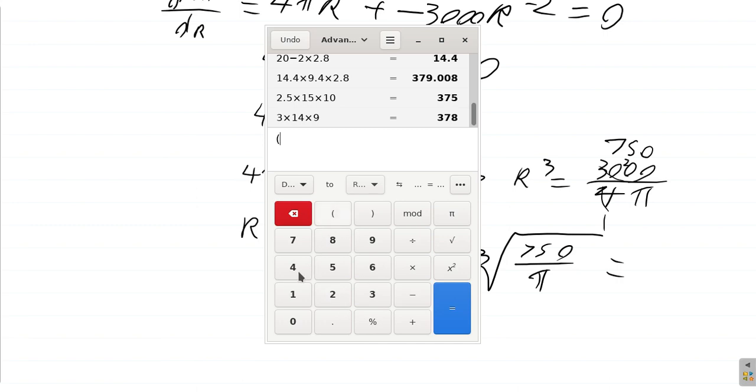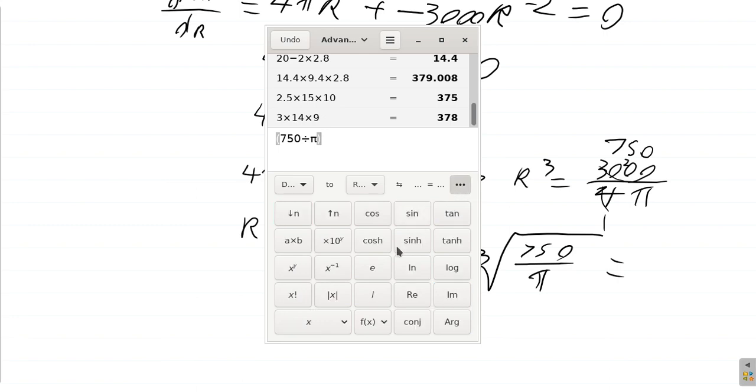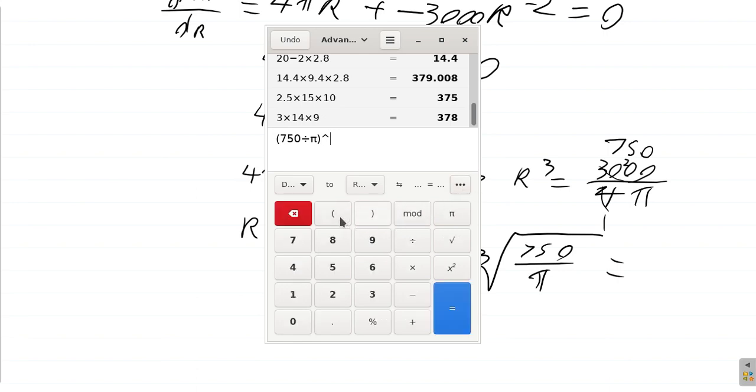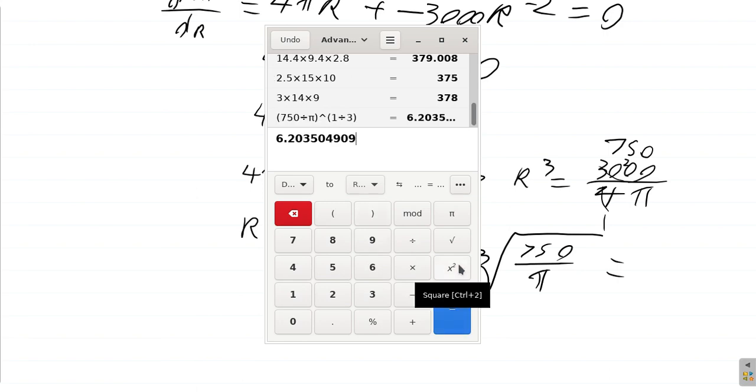So open bracket, 750 over pi, close bracket, raised to the power of open bracket, 1 over 3, close bracket, equals 6.204.